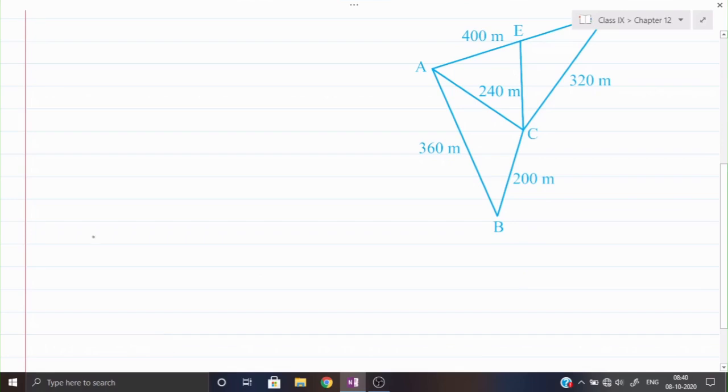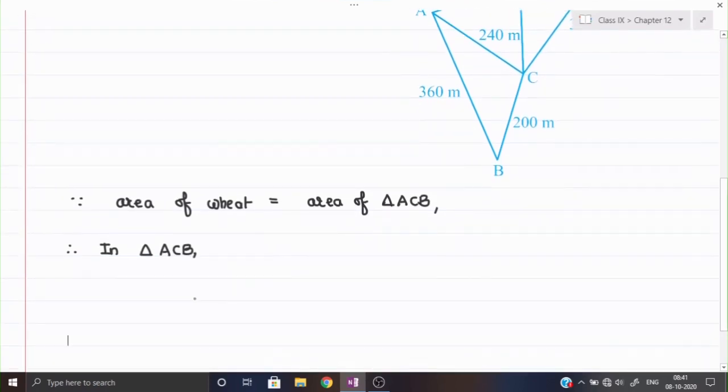So we'll say here, since area of wheat is equal to area of triangle ACB, therefore in triangle ACB, what is the value of A given here?